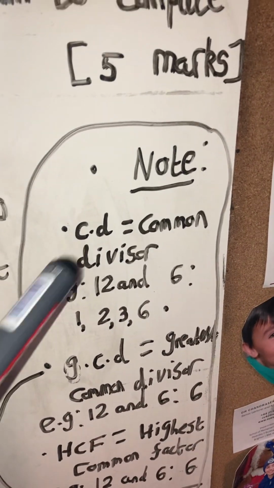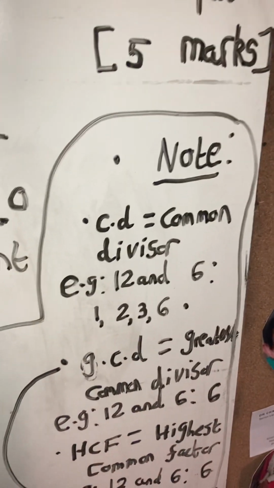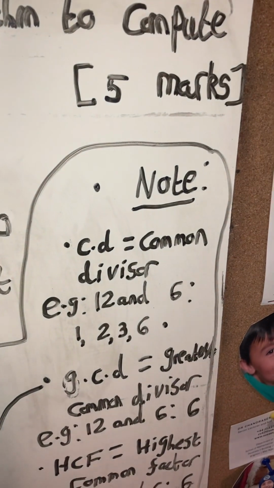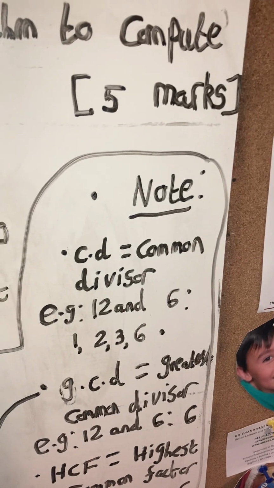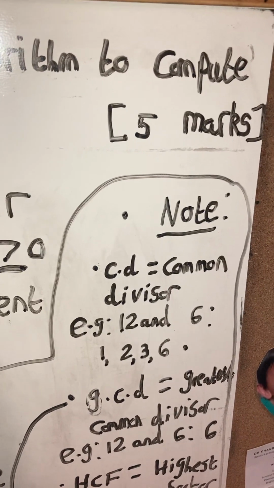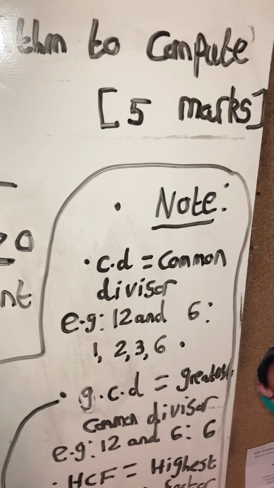If you take the G away from GCD, you get CD, which is common divisor, and a common divisor is just a number that divides your two numbers.